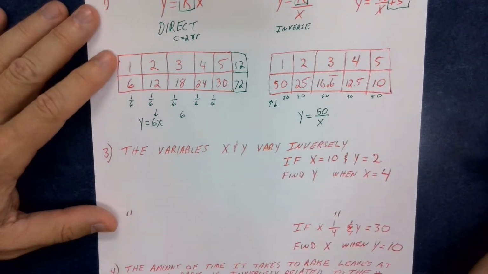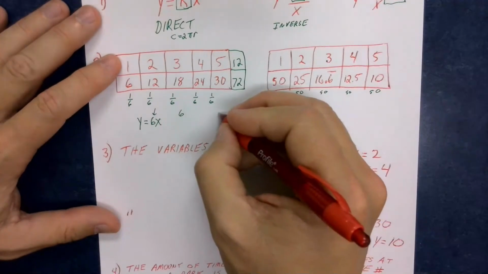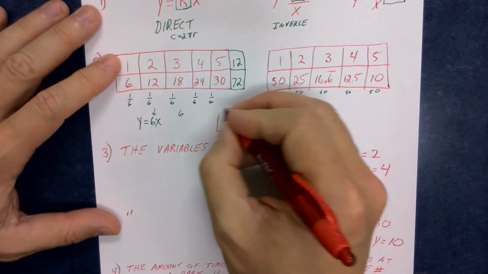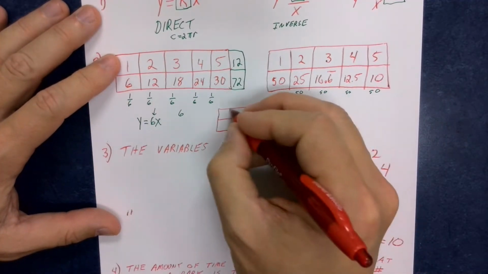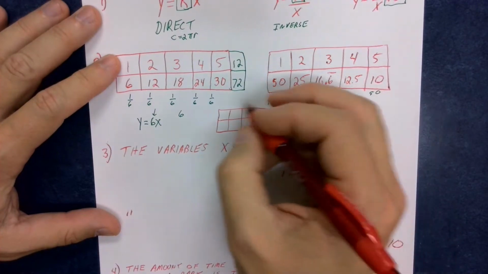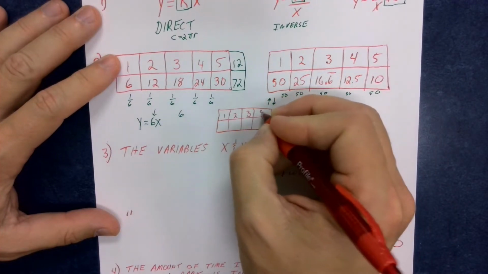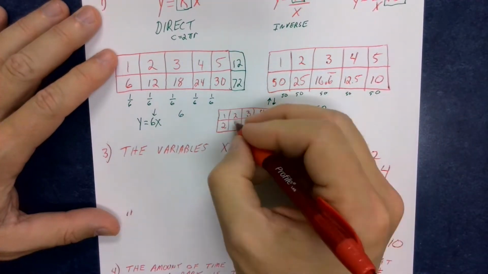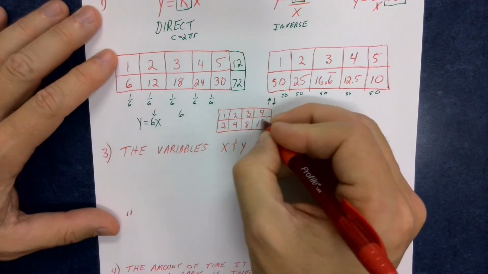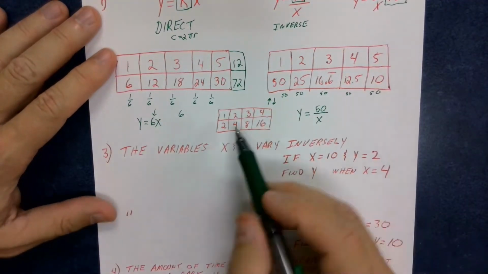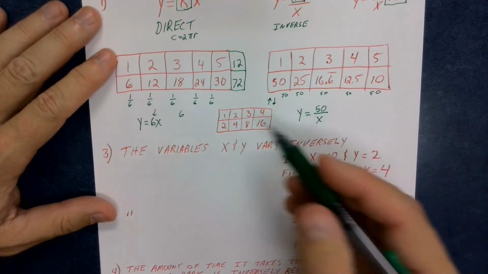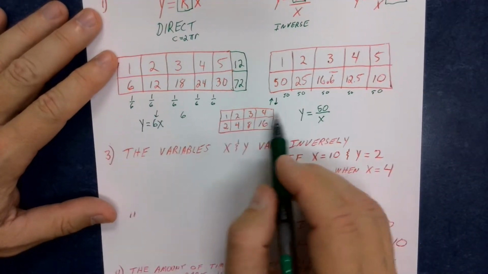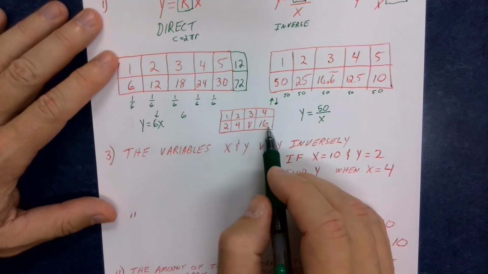Make sense? So if I had another set of data just like this, and I put 1, 2, 3, 4, and I put 2, 4, 8, 16, and I asked, hey, is this direct or inverse? You might automatically think it's direct because as the x gets bigger, the y gets bigger.